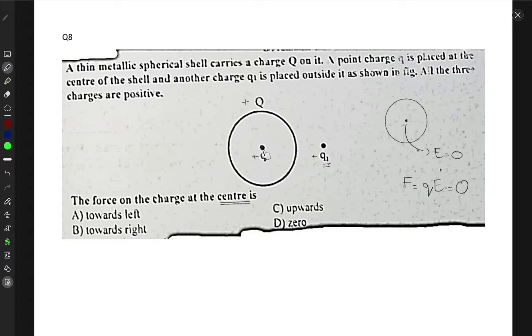So the correct option is that there is no force acting on this charge placed at the center of the sphere, because at the center all the electric fields cancel each other out, the sum of the vectors would be 0, and hence the electric field is 0, which means that the force is 0 as well.